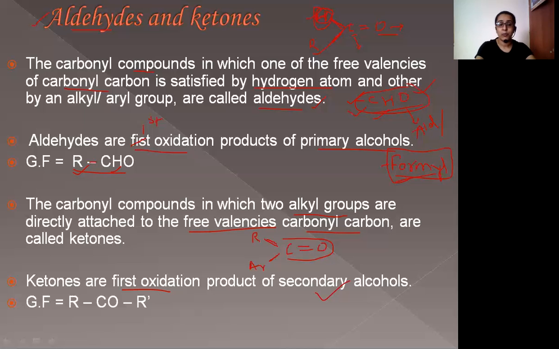So the general formula for ketone is RCOR dash, right? Where R may be equal to R dash or may not be equal to R dash. R and R dash may be same, R and R dash may be different. That depends. Okay, so that thing you have to keep in mind.